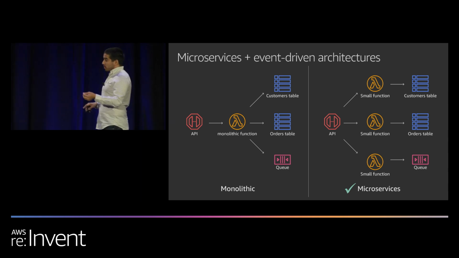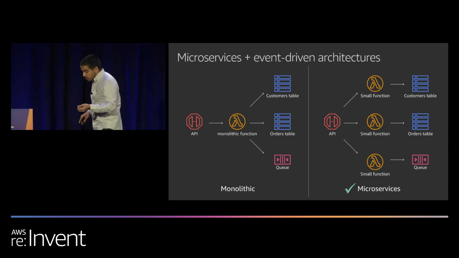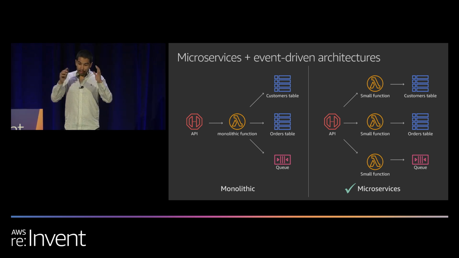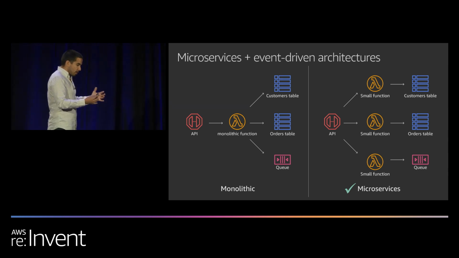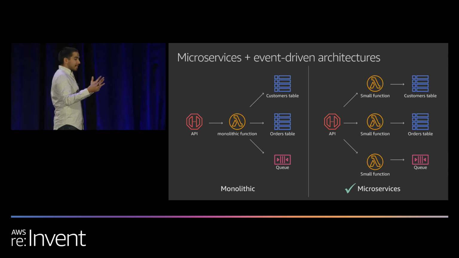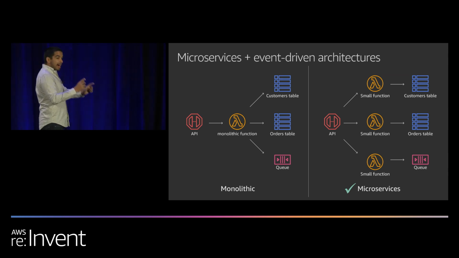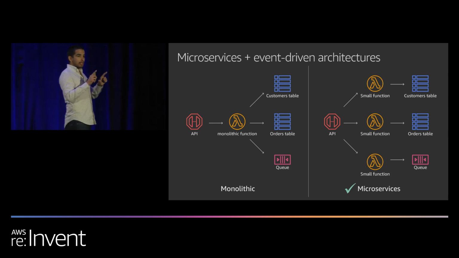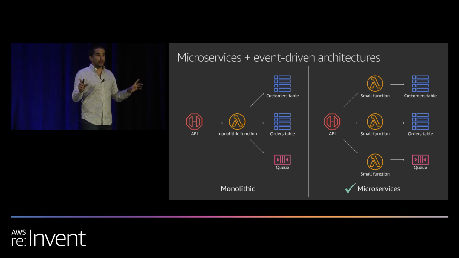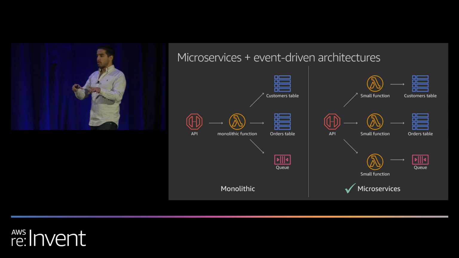Something else that is important for Lambda functions is, we're not going to get into the details of how the architecture of Lambda is under the hood, but let's say that the micro VMs on which Lambda is built are not shared across different customers. They're just for you.